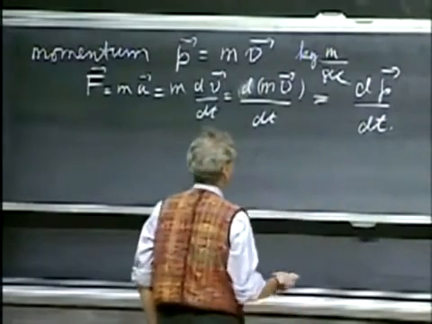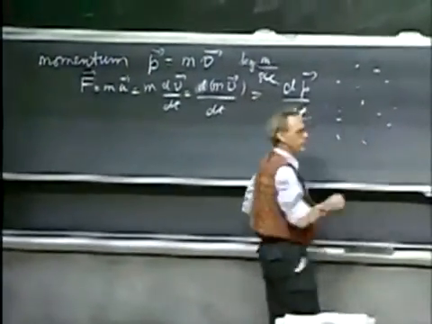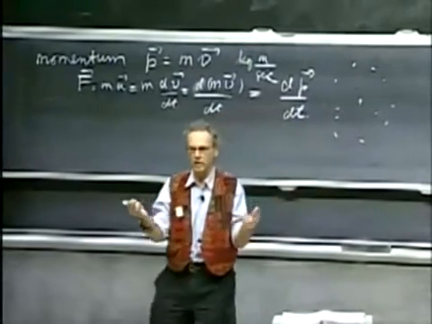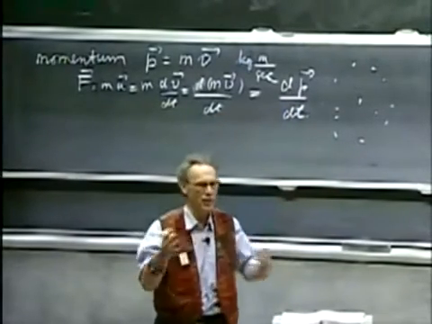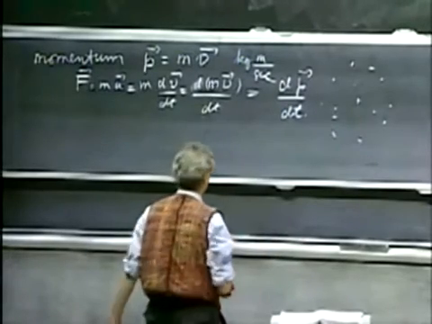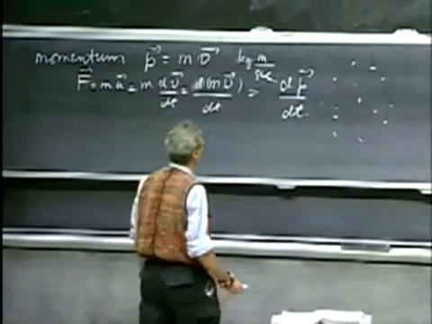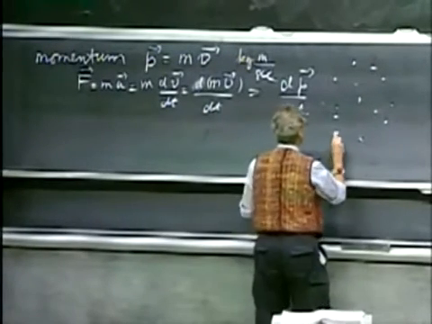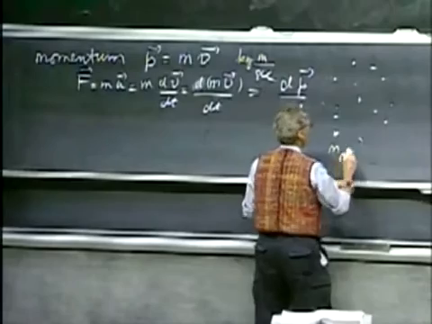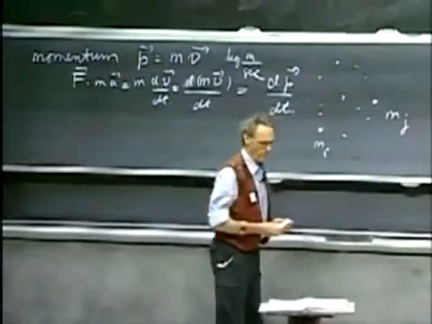Let us now envision that we have a whole set of particles which are interacting with each other. The interaction could be gravitational, could be electrical, but they're interacting with each other. Zillions of them. A whole star cluster. I pick one here, which I call Mi, and I pick another here, which I call Mj.